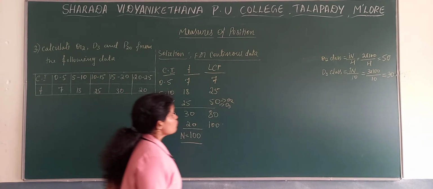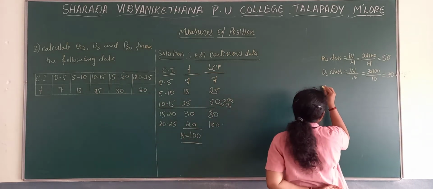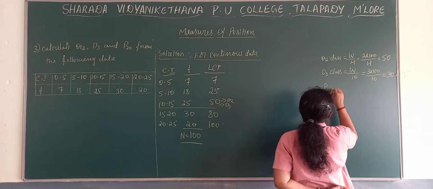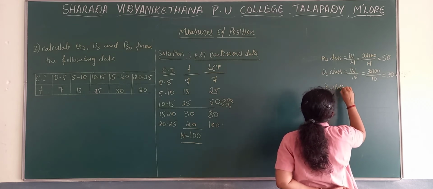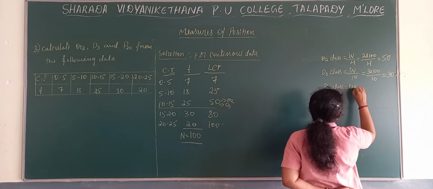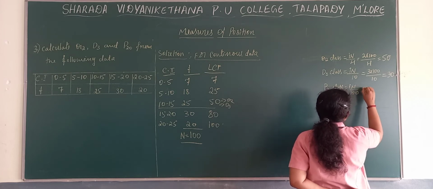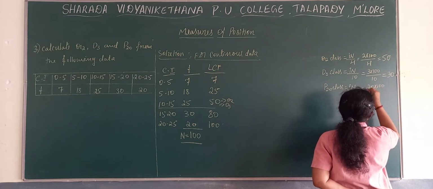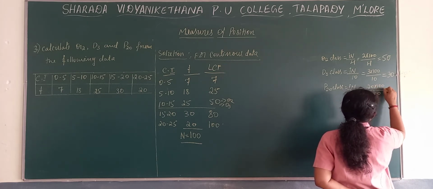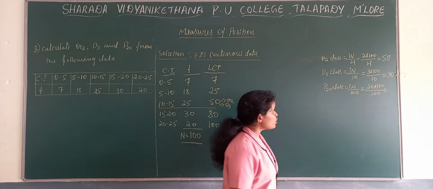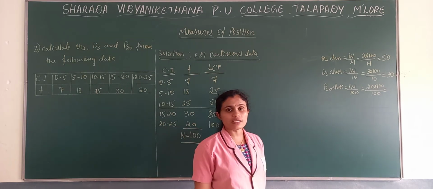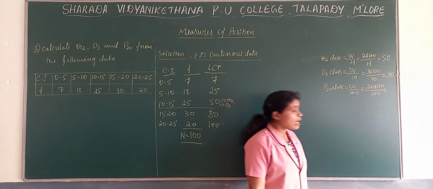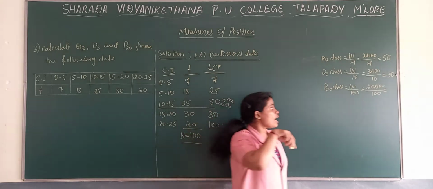Then the last one, percentile P20 class, iN by 100, here 20 into 100 by 100. So you get here 20 into 100, you get 2000. 2000 by 100, you get the value as 20.